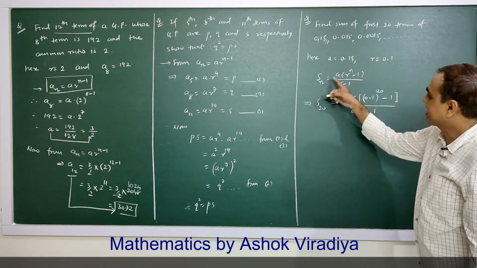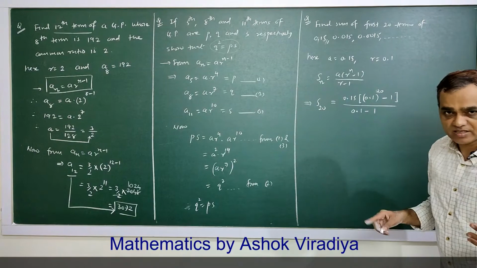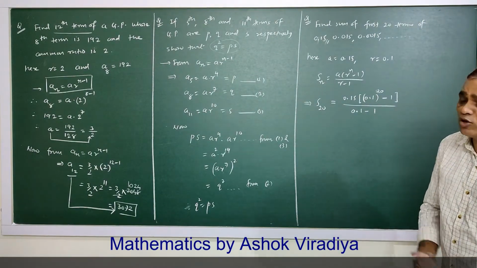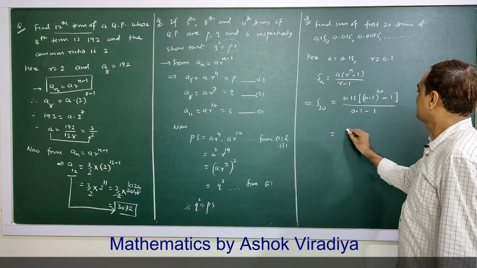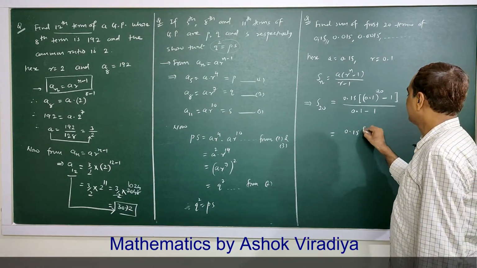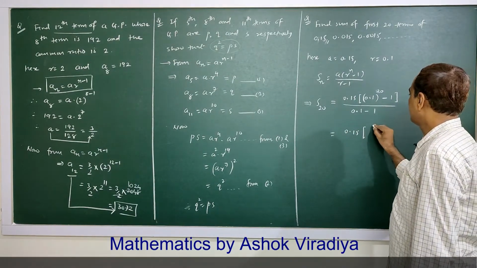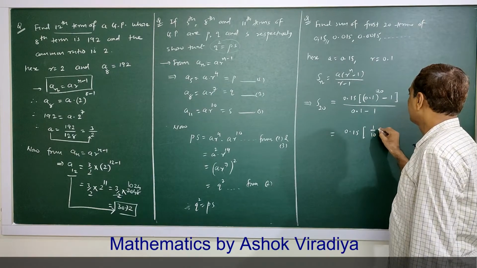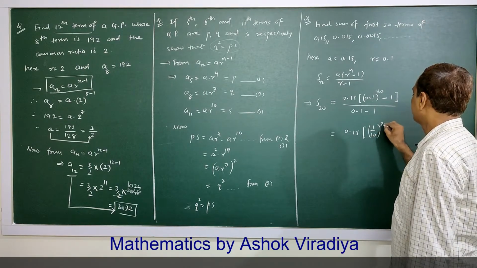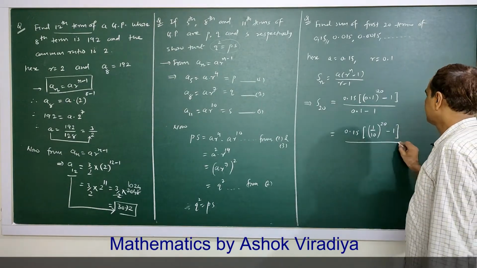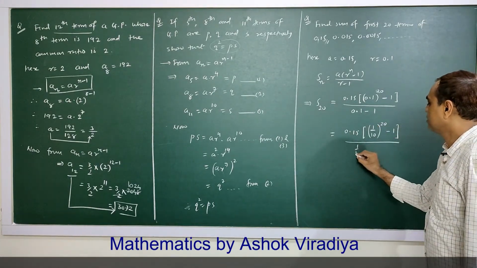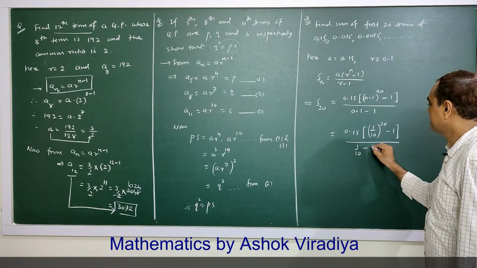So this is the sum of the first n terms of a GP. In this formula we are putting values because we want the sum of the first 20 terms. It is equal to 0.15 into 1 by 10 raised to 20 minus 1 upon 1 by 10 minus 1.